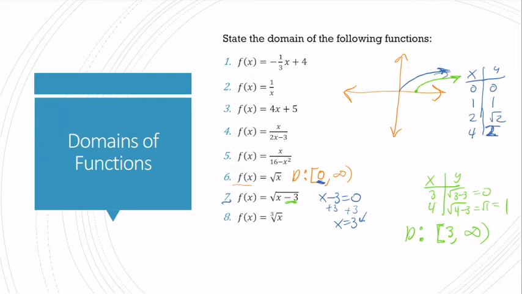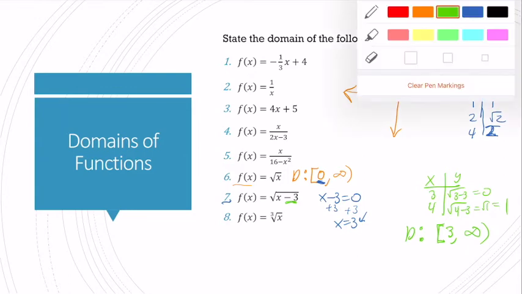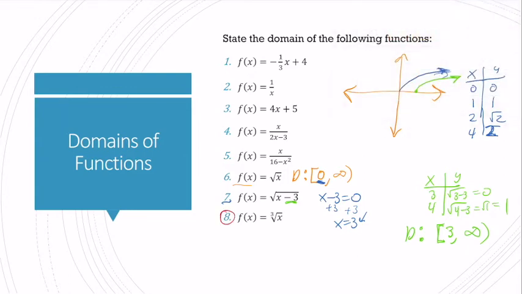Last but not least, let's take a look at problem 8. So I have f of x equals the cube root of negative x. This graph kind of looks like this, right? Why? Because I can take the cube root of negative numbers, right? The cube root of negative 8 is negative 2. The cube root of negative 27 is negative 3.